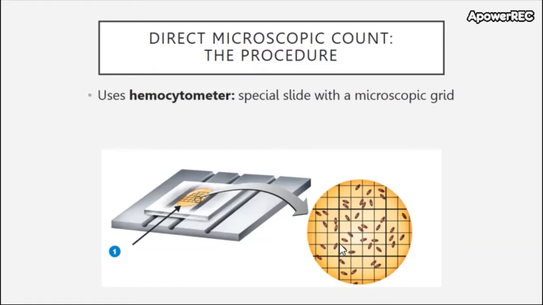So there's so much difference from this left line to this right line, so much difference from this bottom line to the top line of this square. If you know all three dimensions, how wide these squares are, and the distance from the bottom slide to the cover slip, you know it has a known precise volume. So you can count the number of bacteria in any given number of squares, whatever is convenient for counting purposes. You can take the number of cells and the volume that it makes up, and you can back-calculate the number of cells per milliliter.